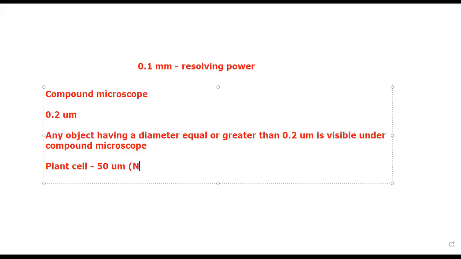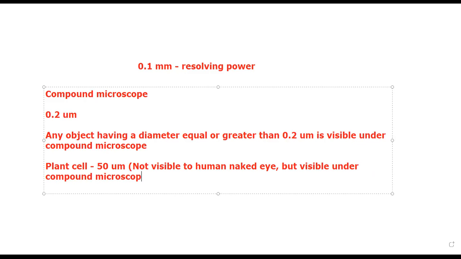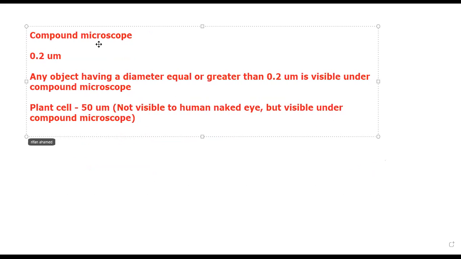No. So it is not visible to the human naked eye, but it is visible under the compound microscope, because with a compound microscope you can observe anything more than 0.2 micrometer. Any size above that is visible under the compound microscope.